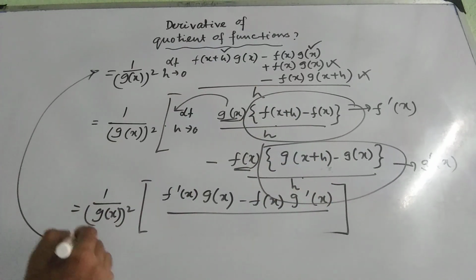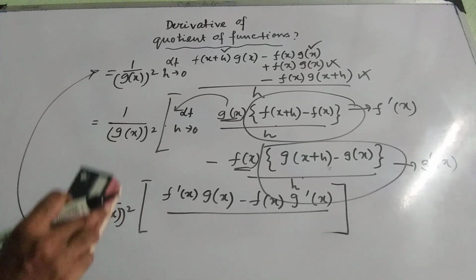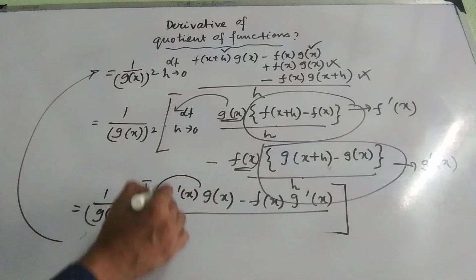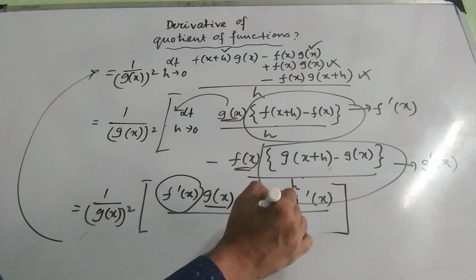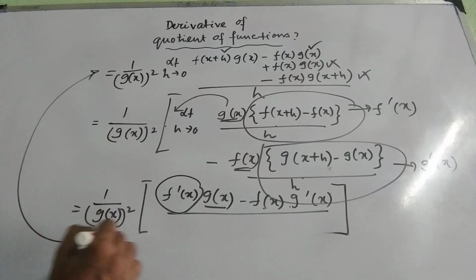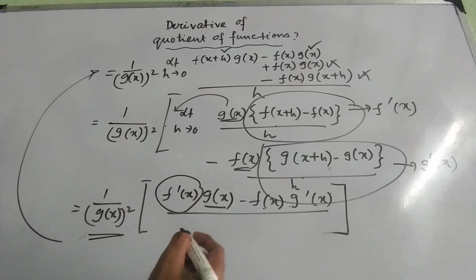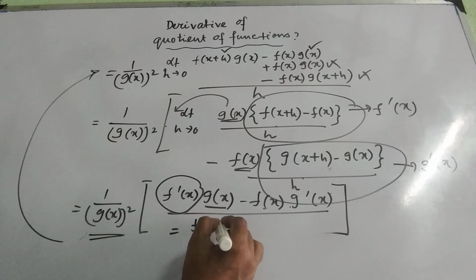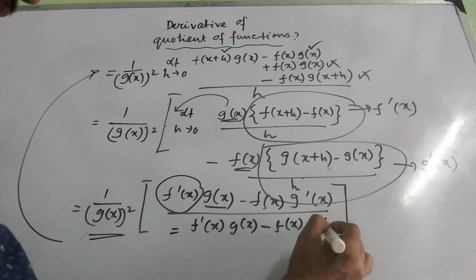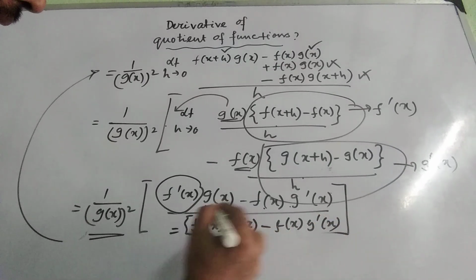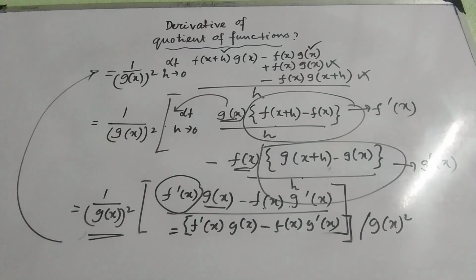So my final expression will be: d/dx of f(x) divided by g(x) is the derivative of the first function into the denominator, minus the derivative of the second function into the numerator, divided by the square of the denominator. So I can write it as f dash x into g(x) minus f(x) into g dash x, by g(x) whole squared, right?